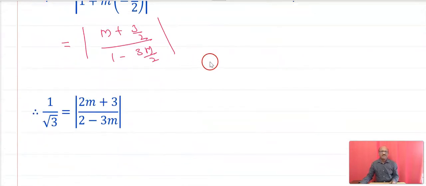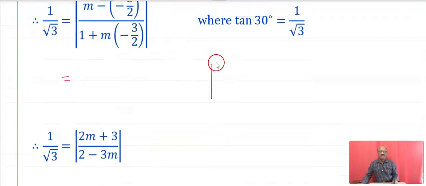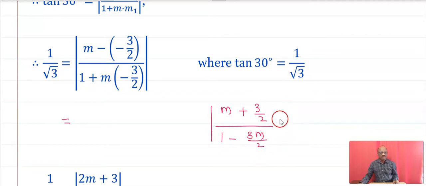Here, if we simplify this, I will write again here. This is the m, and minus and minus will become plus, which is 3 by 2, and this is divided by 1 minus 3m upon 2.